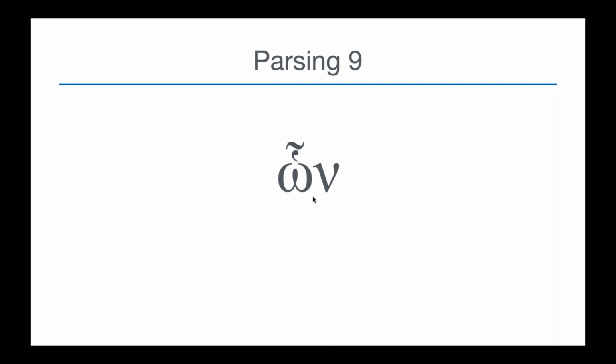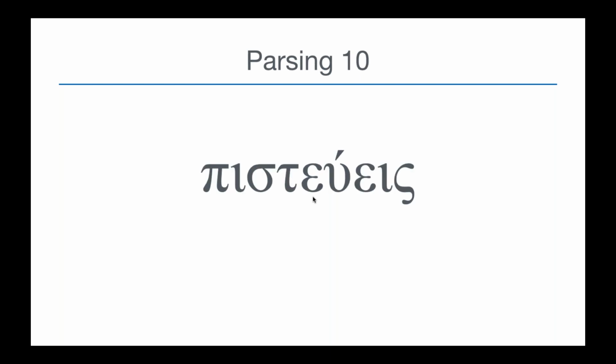We won't do that one. We'll come back to that. We'll do that one next week. This is not a verb. All right. Pisteueis is from pisteuo. So this one is second person singular, present active indicative, and it means you are believing.